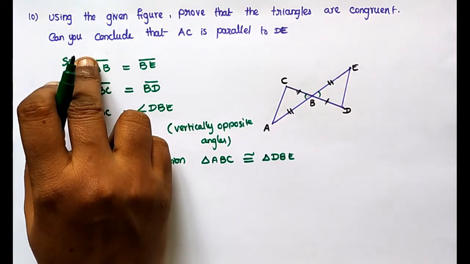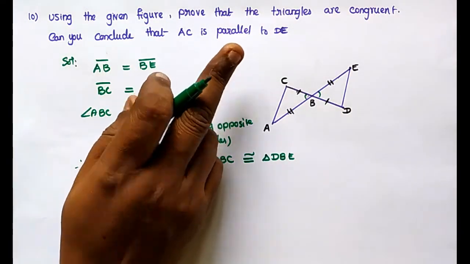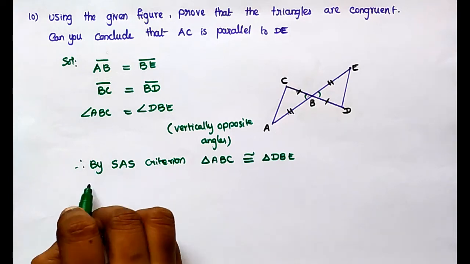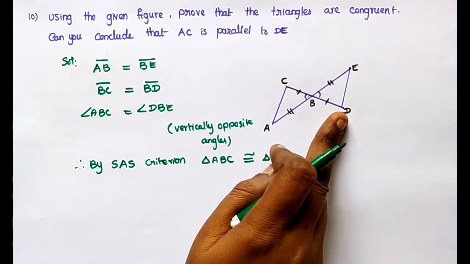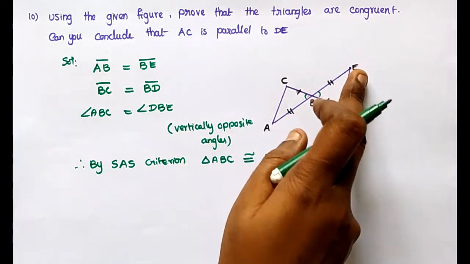Now what do we have to conclude? AC is parallel to DE. Listen, CD is the transversal to AC and DE.